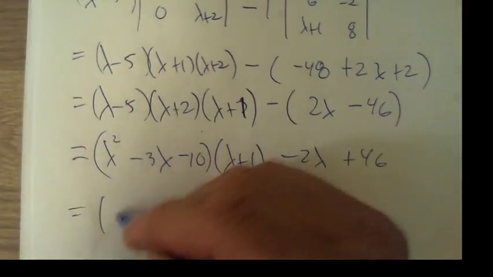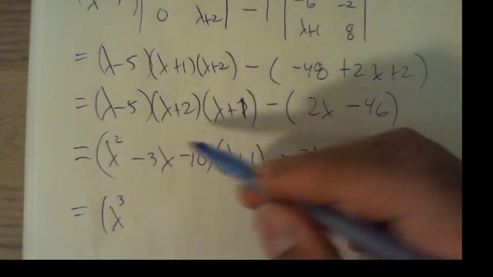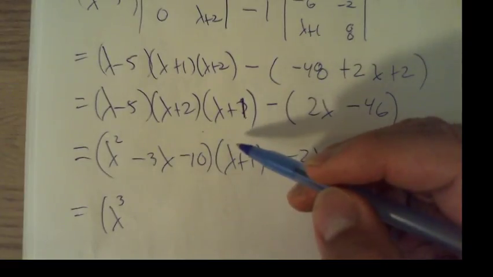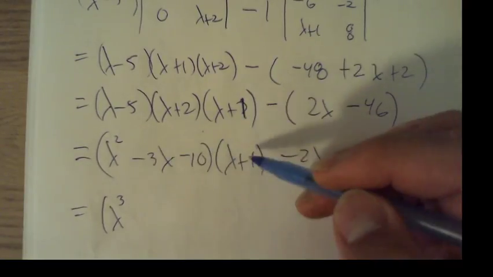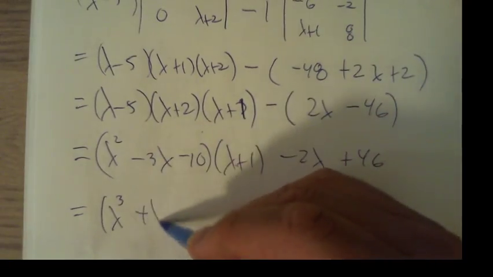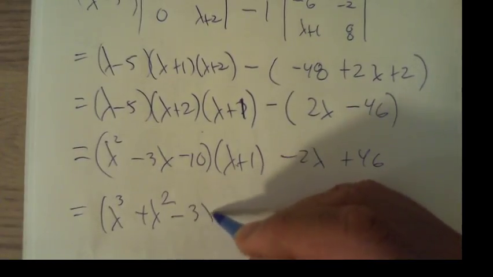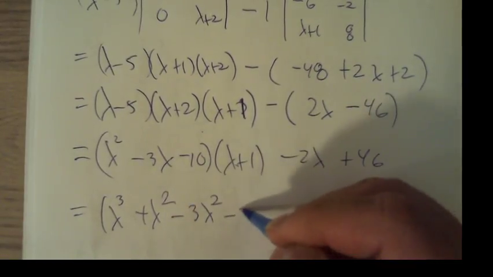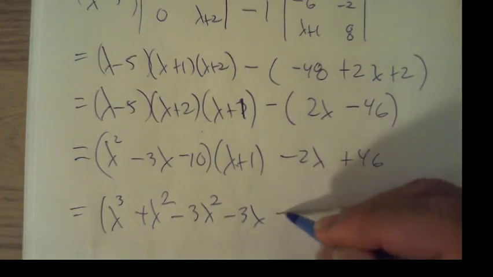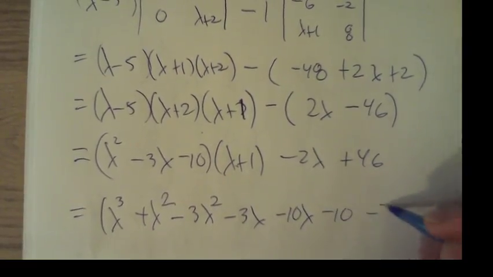Okay, and here we get lambda cubed, lambda squared, and then here minus 3 lambda squared, minus 3 lambda, minus 10 lambda, minus 10.